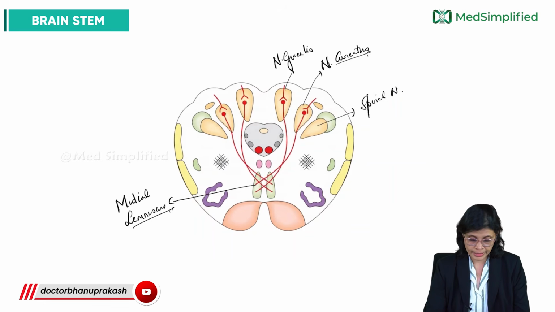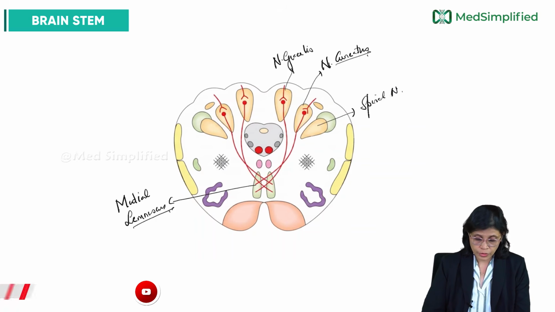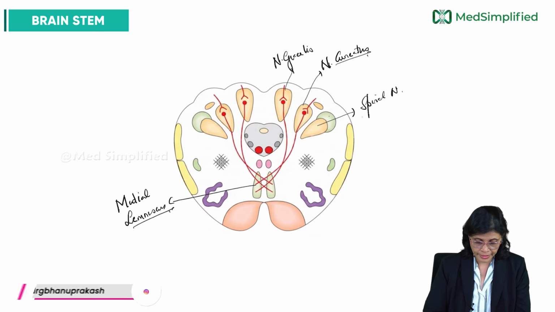Here this is the spinal nucleus and this is the spinal tract. The internal arcuate fibers separate this spinal nucleus from the grey matter here.